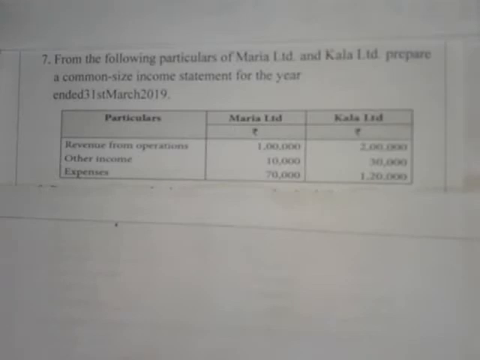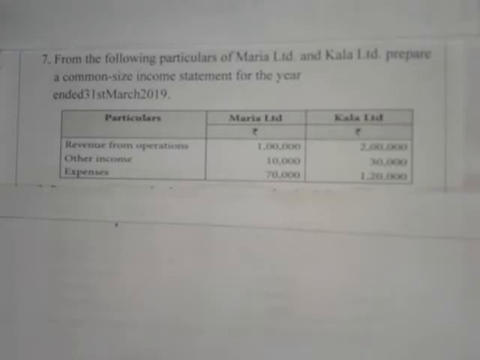Other income 10,000, 30,000. Expenses 70,000, 1 lakh 20,000 is given.